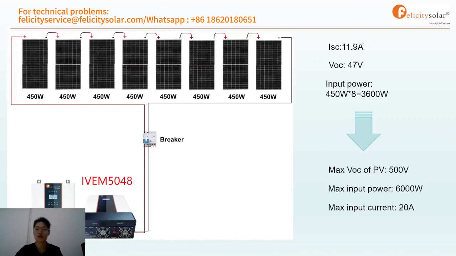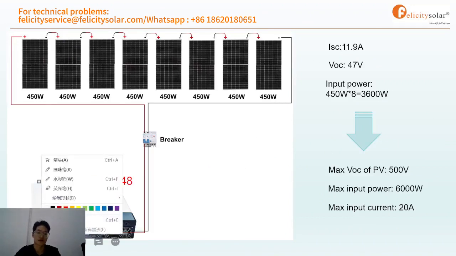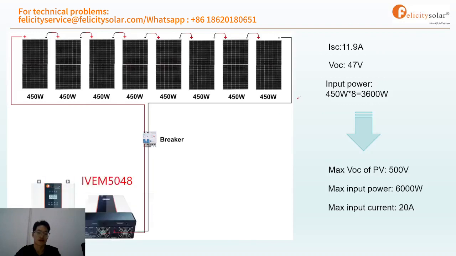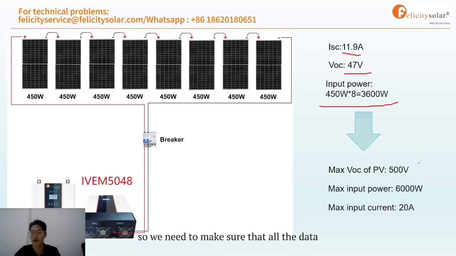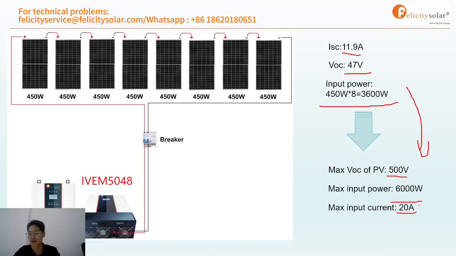So we need to make sure that all the data of them must be smaller than this data. Okay, that's the example.